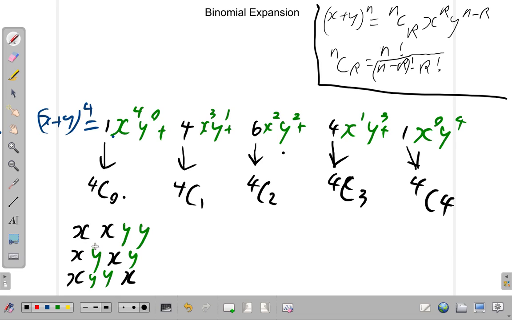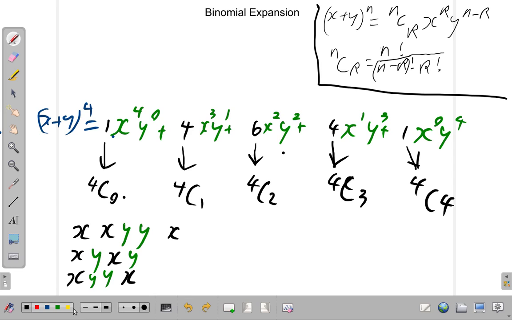So I start with x and move this x along. You can have where you start with x and then you already have xy, you have xyx. You could have x then y and y.